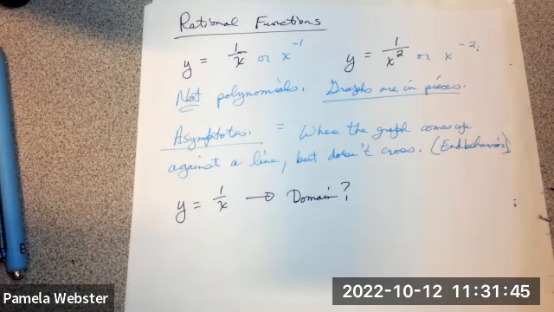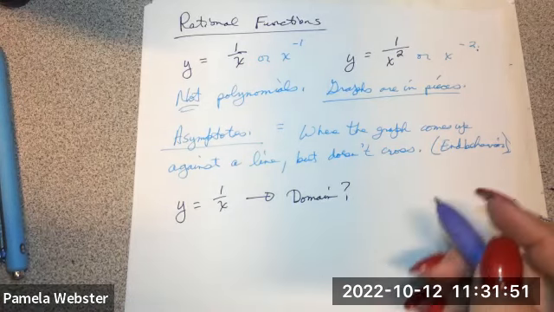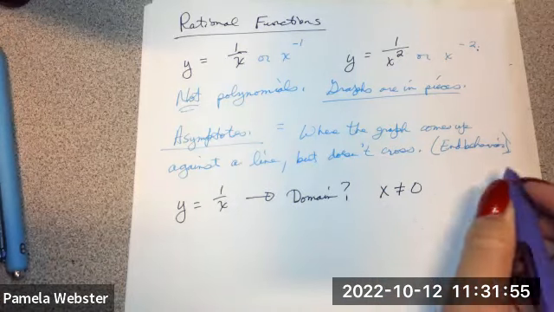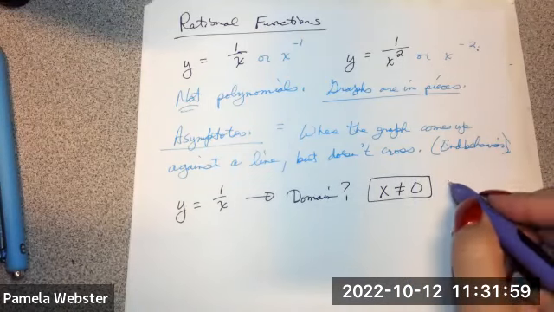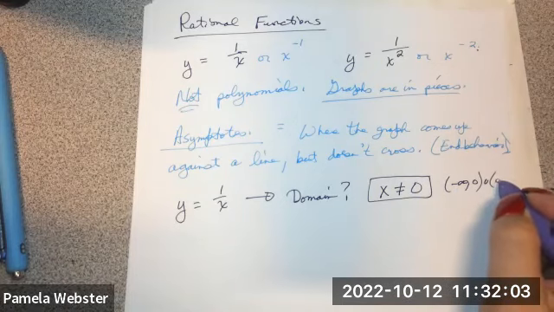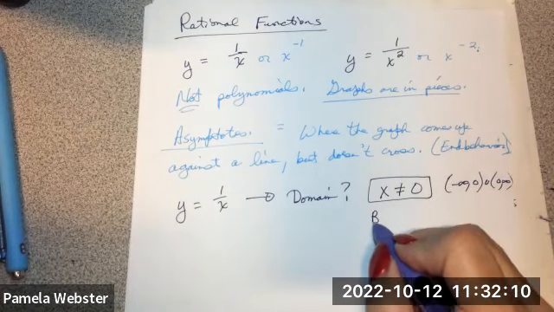This one's got an x in the denominator, so when x is 0, this would be undefined. So we take the denominator: x cannot equal 0. In interval notation, negative infinity up to 0 would be fine, and 0 to positive infinity would be fine. But that 0 is going to give me a bad spot.